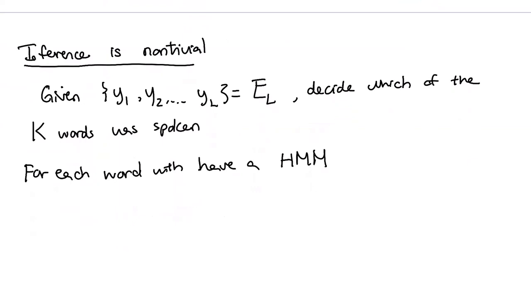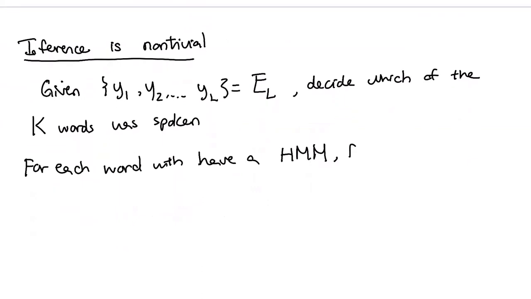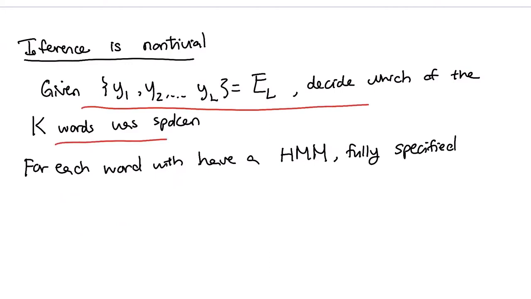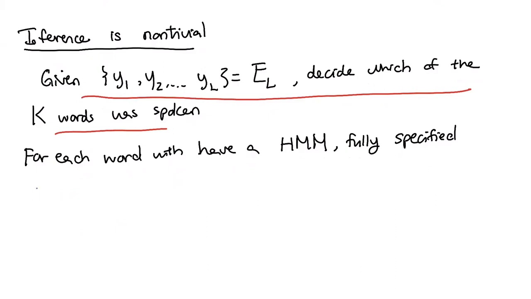And we're going to assume that each model is fully specified, so we actually know the transition probability and the emission probability from the learning phase. Now we're trying to answer the question: after we've learned the characteristics, given the observation, which of the K words was spoken? And we decided that you could answer this with the MAP estimator.